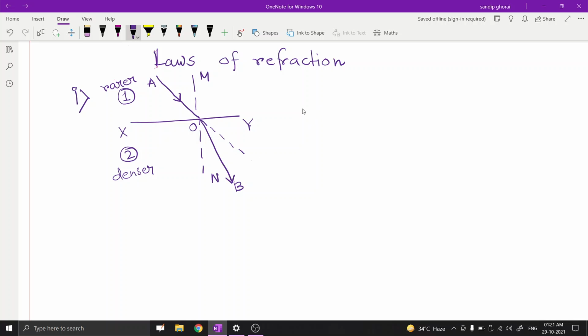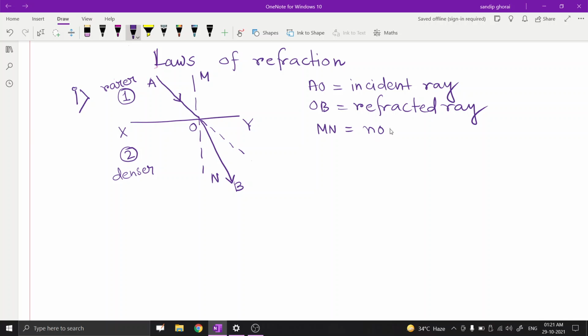Here MN is the normal at the point of incidence O. According to the first law, incident ray AO, refracted ray OB, and normal MN lie on the same plane.